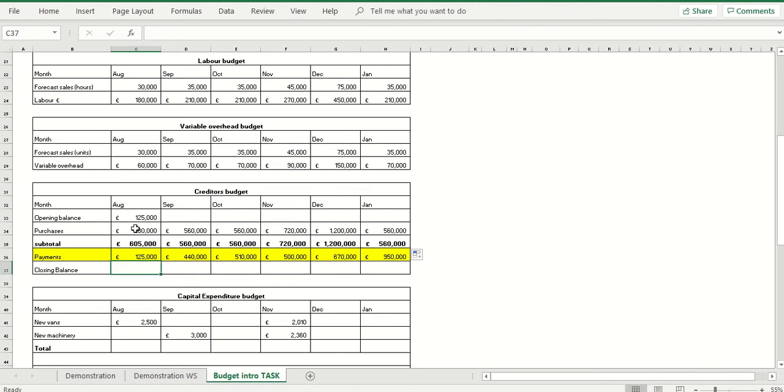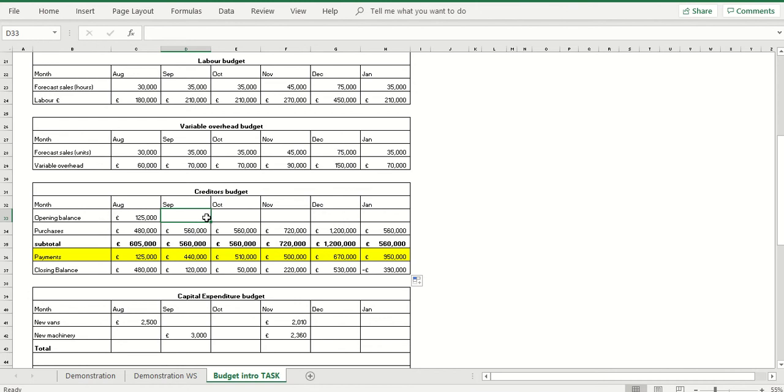So our closing balance is going to be our subtotal minus how much we have already paid them. That's going to be how much we owe them at the end of the period. So for our closing balance, I can just copy this all the way across because it's going to apply for each month. And the final thing to do is to work out what the opening balance will be for the next month.